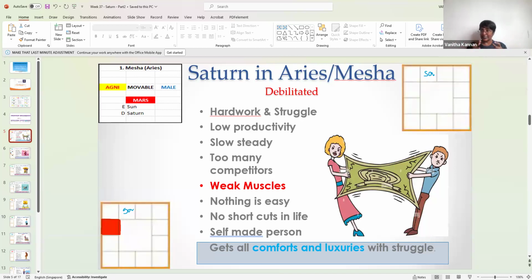This is an interesting point here. See, Mesha Rasi is the fire energy. Usually, Mesha Rasi people are fiery in nature. They want to do everything in a fast way. Imagine in that kind of situation, Saturn is placed in it, and that too depleted.